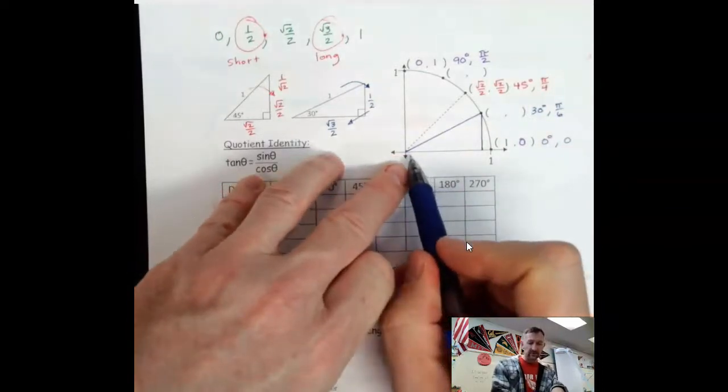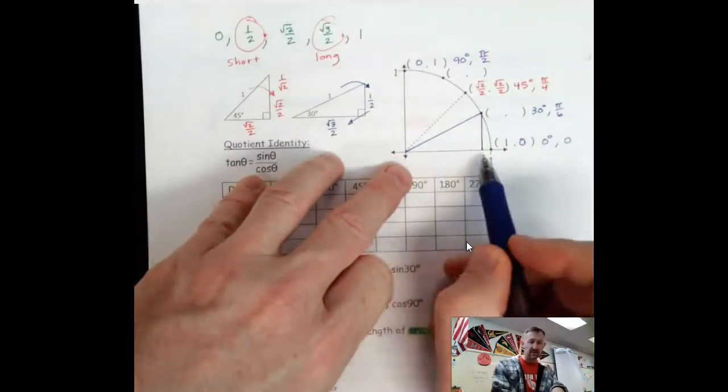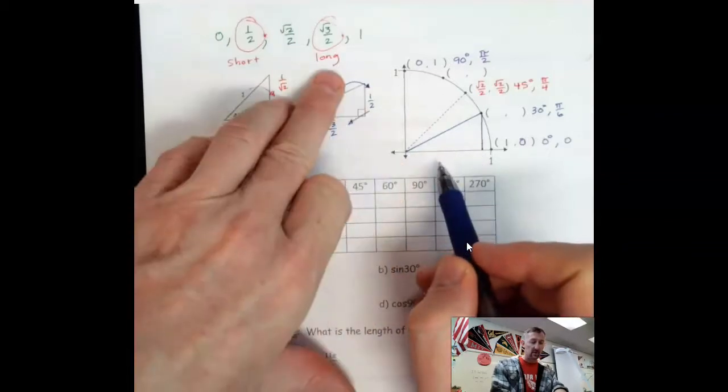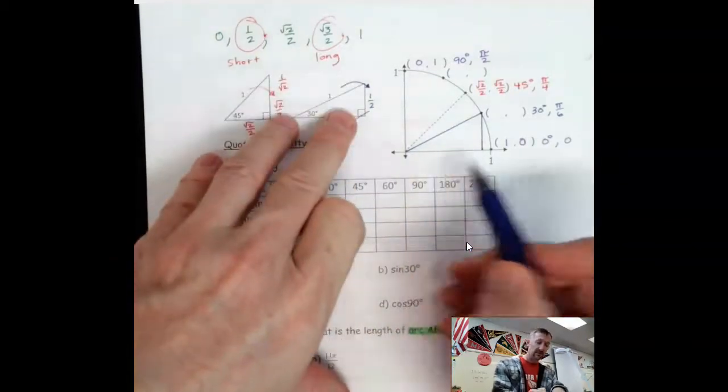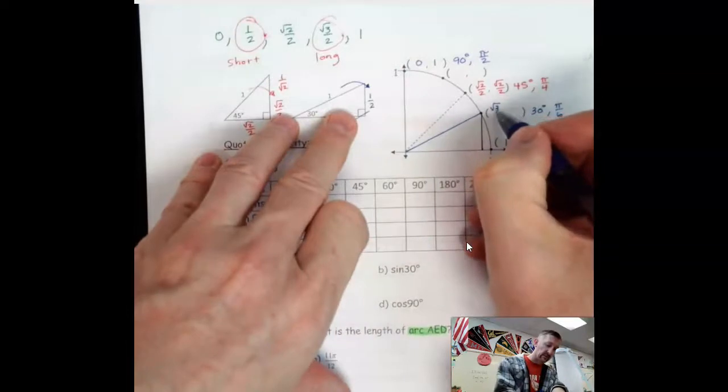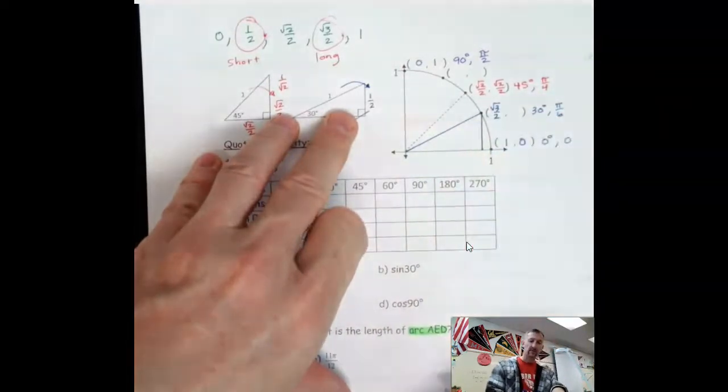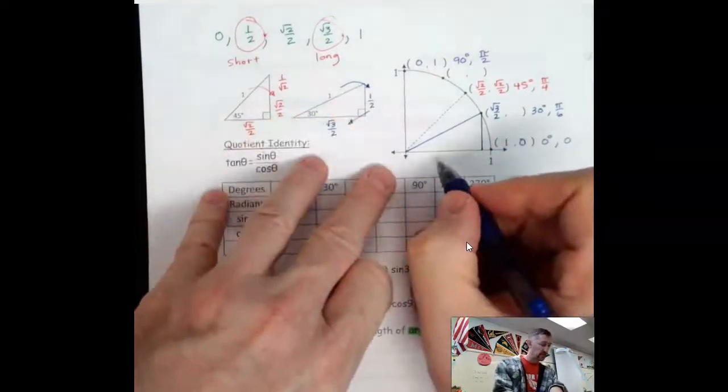So when you look at this, you can see that it has a long x. The long x. So it's the long number. So it's root 3 over 2. It's the bigger number. Root 3 over 2. Okay?